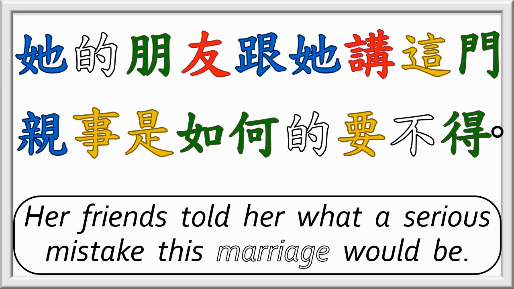Her friends told her what a serious mistake this marriage would be. Notice the phrase 要不得, meaning extremely bad, inappropriate, intolerable, condemnable. Literally, that must not be had or must not be obtained.